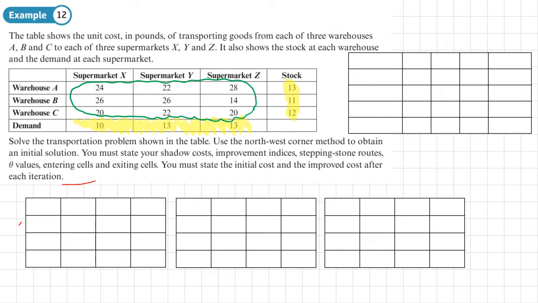Now, the first thing that I notice is that this cell is empty. So we do need to check that this is a balanced problem, because we may need to add a dummy column or a dummy row. So let's just check that. We'll add these totals together and see what we get. So 13 plus 11 plus 12, well, that gives me 36.